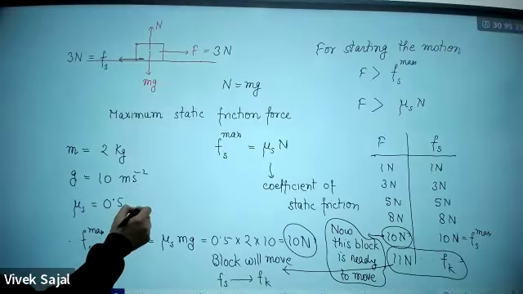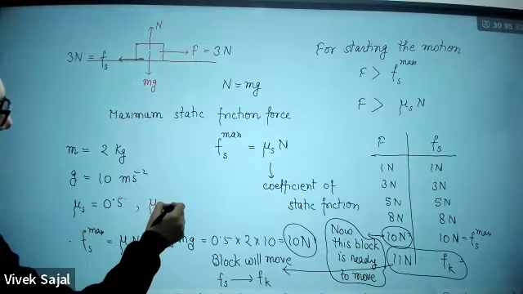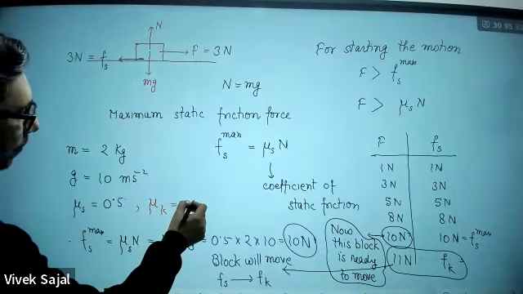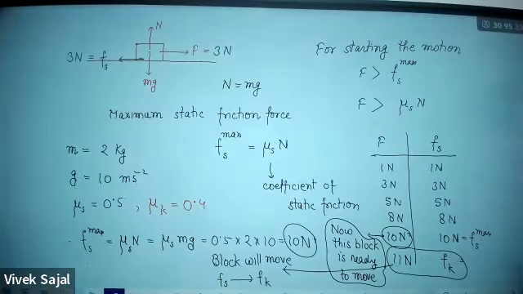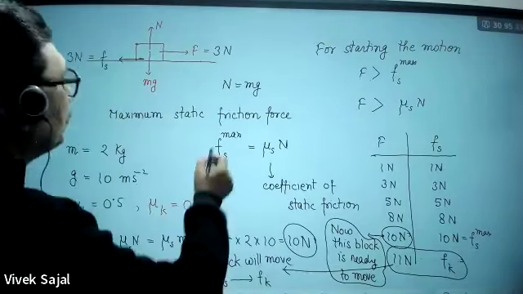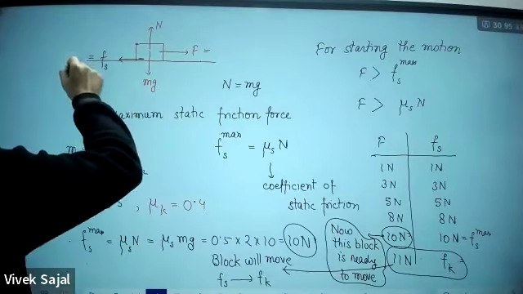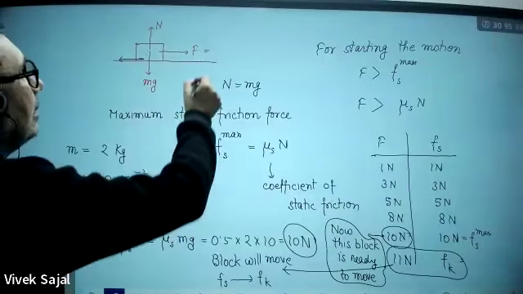I'm providing you mu k. Suppose mu k is 0.4. Mu k will be equal to 0.4. Now suppose this is 0.4 and you have applied how much force? 11 Newton.